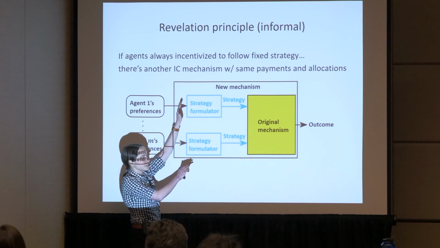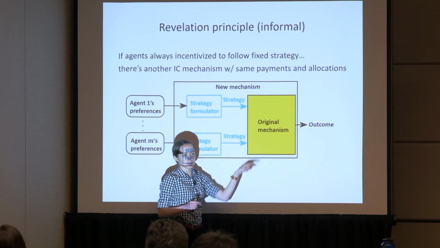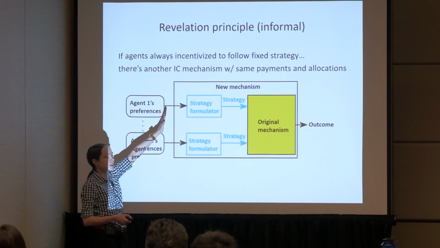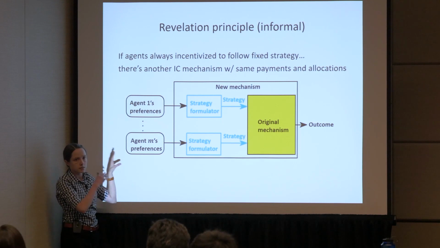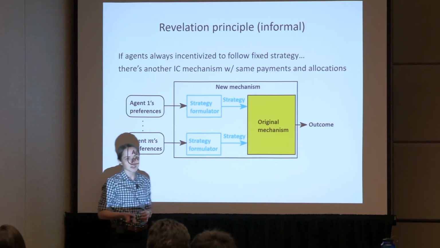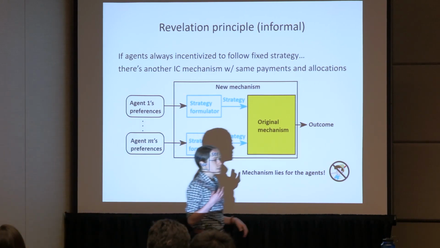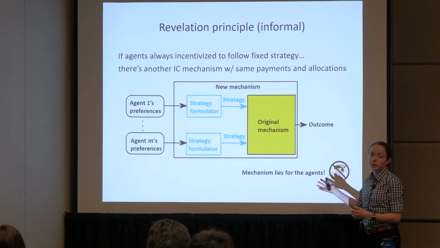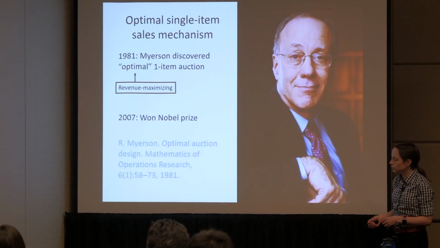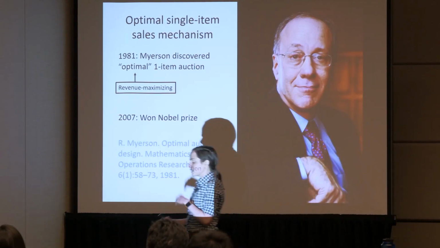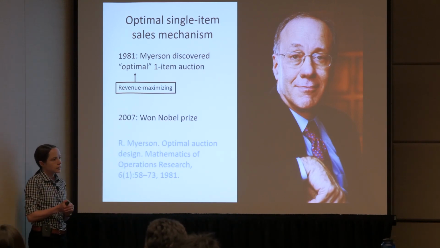And so our new mechanism is this strategy formulator mapped into the original mechanism. Of course, under this new mechanism, the agents are going to be incentivized to bid truthfully. Colloquially, this means that the mechanism lies for the agents, so the agents don't have to. Okay, so that's incentive compatibility and individual rationality.